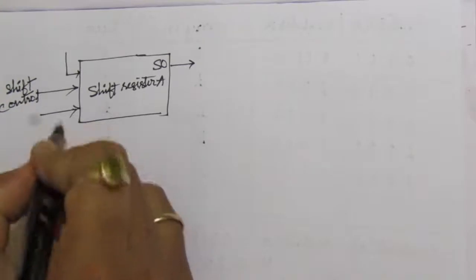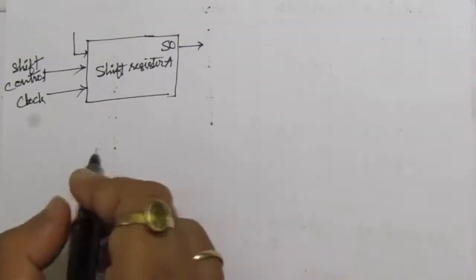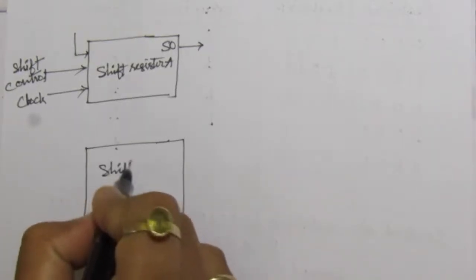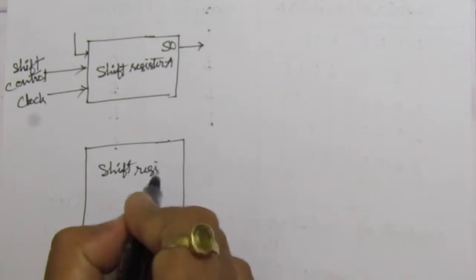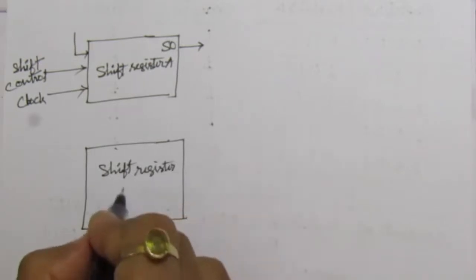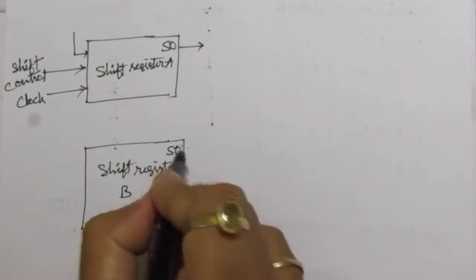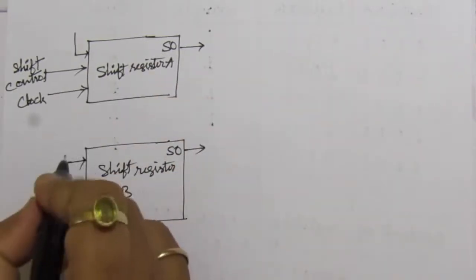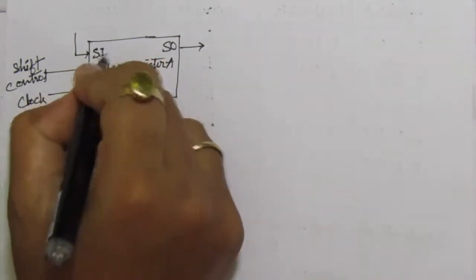Here we'll have the clock, and here we'll have shift register B. Here we'll have the serial out, similar to this one. Here we'll have the serial in. Here also it is serial in.